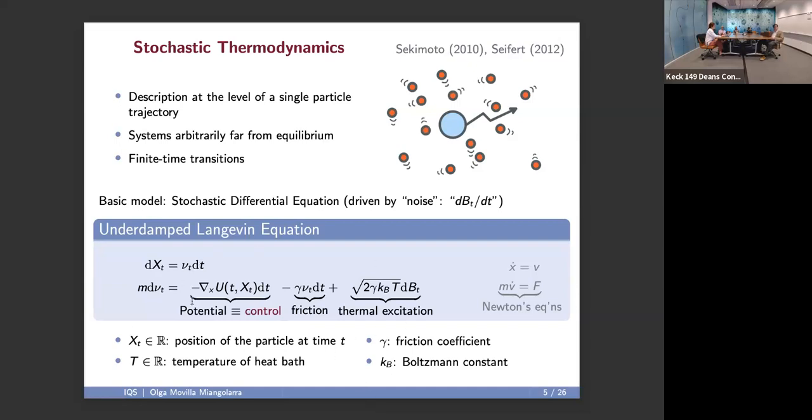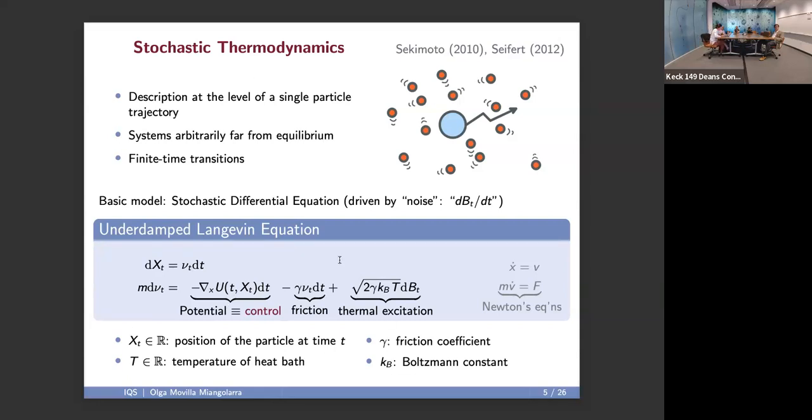So here we have three different forces. First we're going to consider a potential force from a potential energy U, that we really will think of as our control. And this is typically the setting in experimental setups. So we're going to think of t as time, but also as our control parameter.